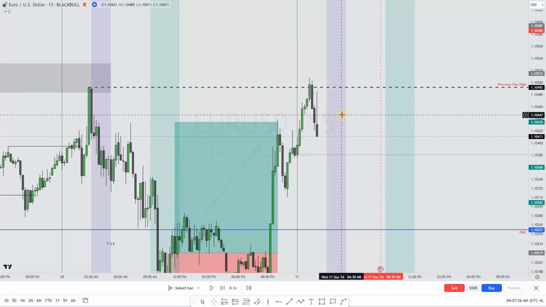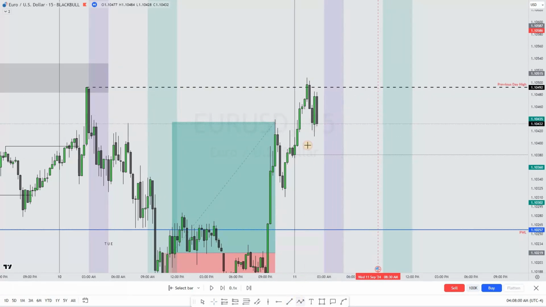So I just sat there and I waited. I was actually anticipating a move to the upside, then this. So this for me will be a market structure shift that opens an opportunity for me to trade.